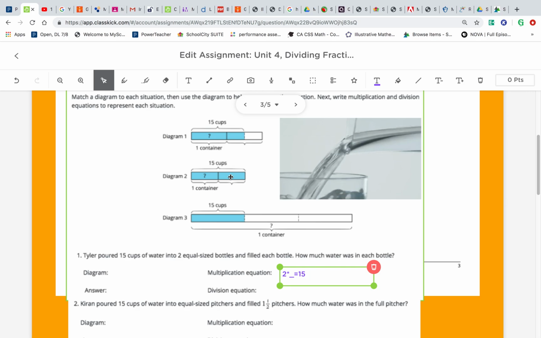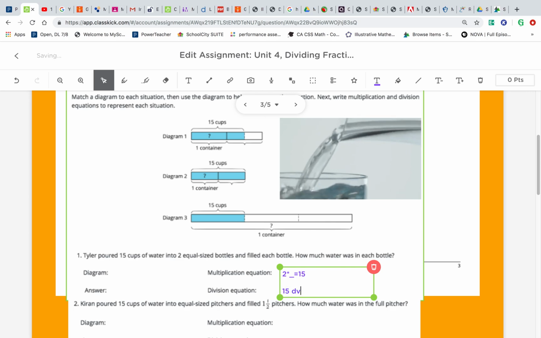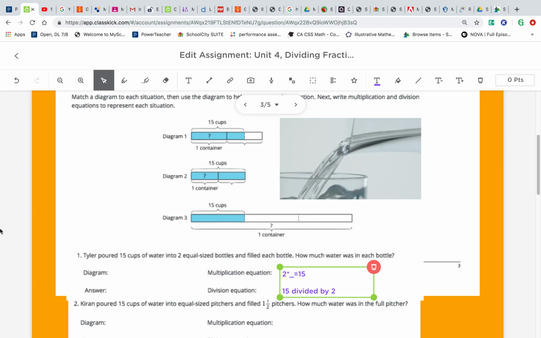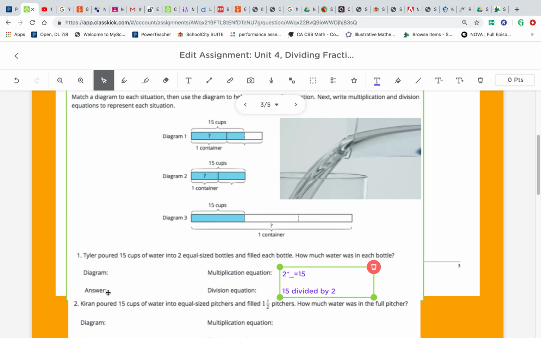We're dividing them into 2 parts. So for a division equation, we can say that it's the 15 cups divided by 2. Right? 15 divided by 2. All right, so if you work out 15 divided by 2, it's going to be 7.5. Your answer is 7.5.